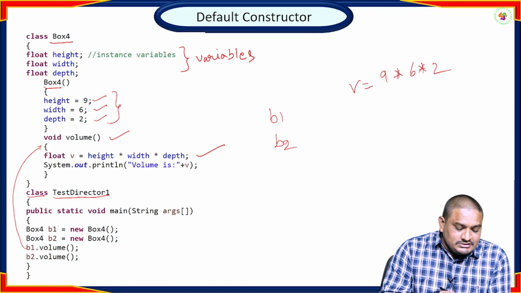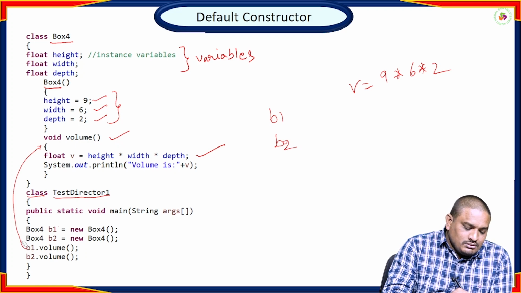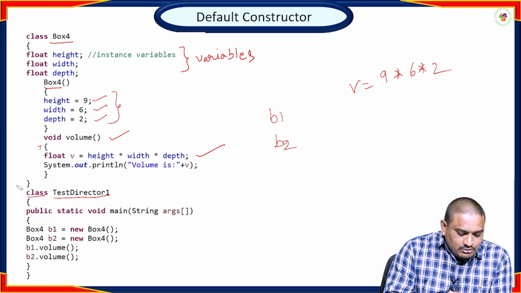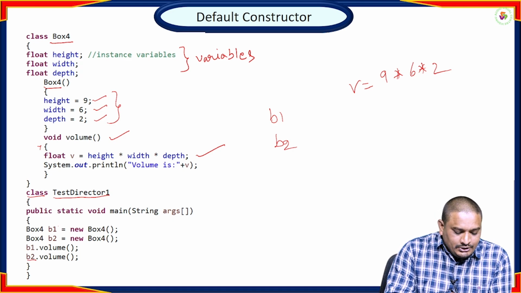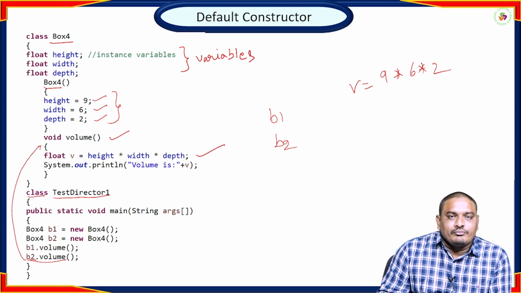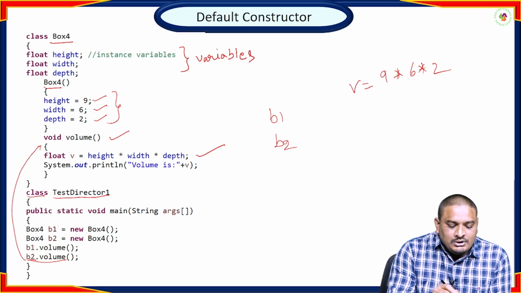Now the second object. B2 is the second object. We call the value method, b2.value, and it goes to the value method.